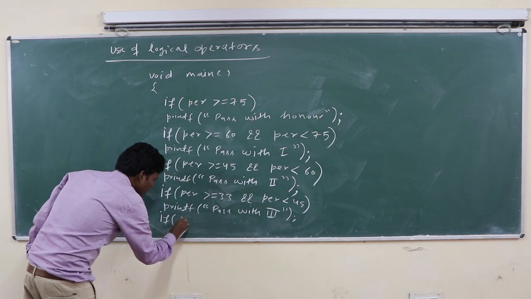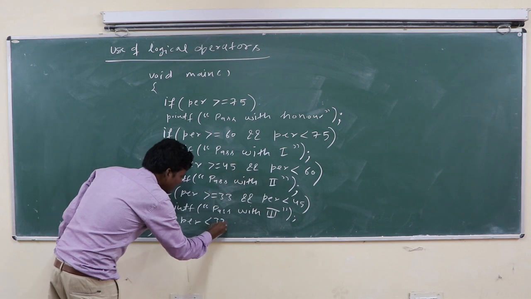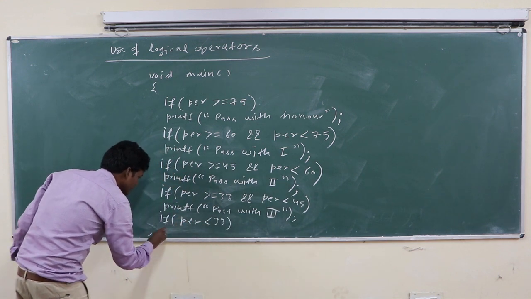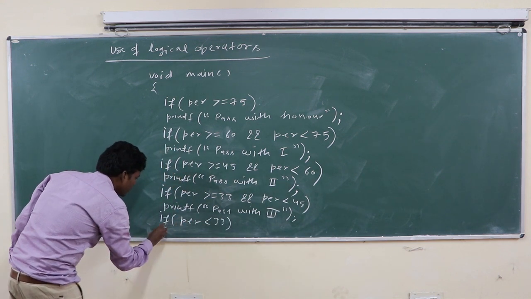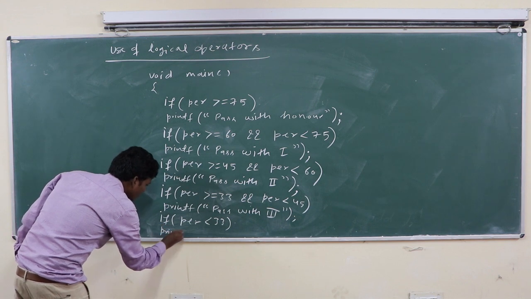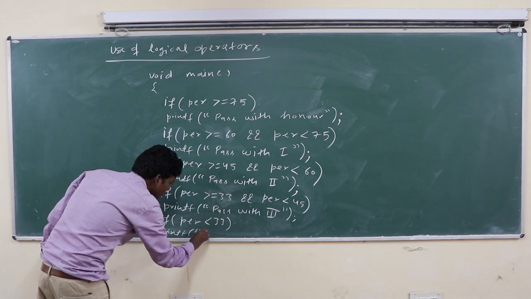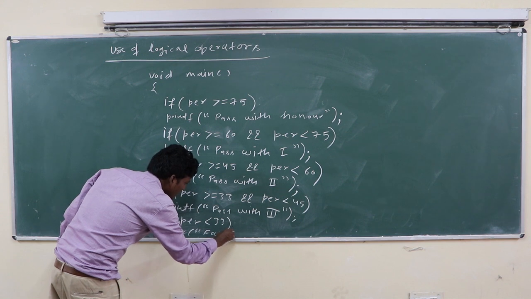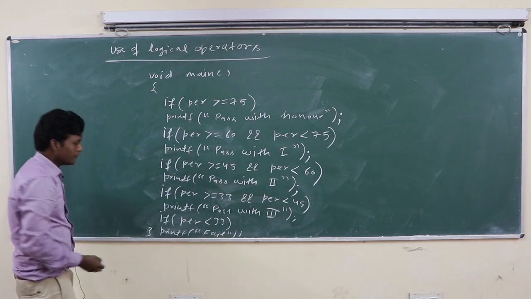If PER is less than 33, here printf fail. Main is closed here. Okay.